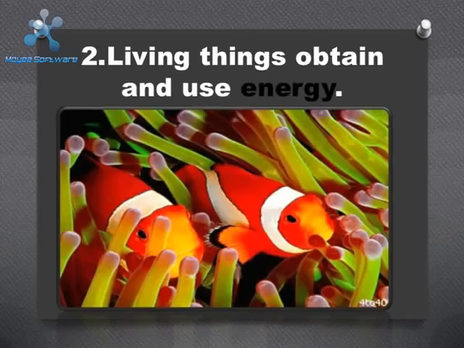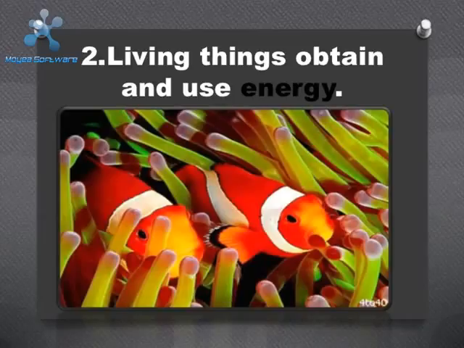The next characteristic of living things is to obtain and use energy. Yes, we know how to get energy and how to use it. All the living beings know about it. We move from one place to another. We can walk. All the animals can walk.